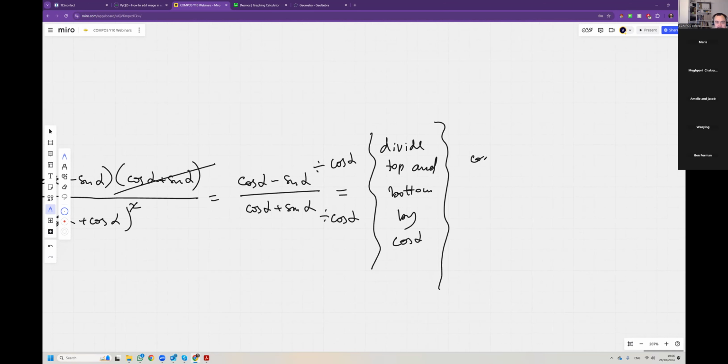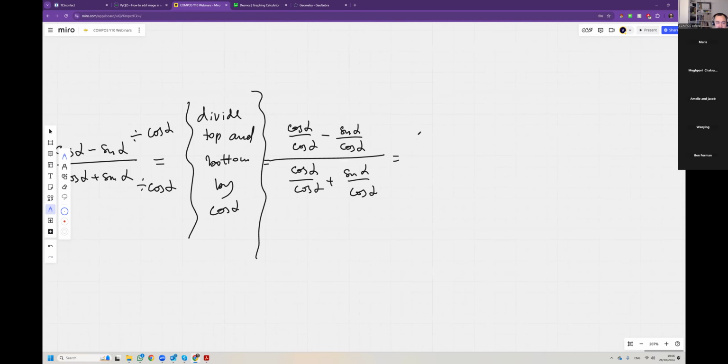And I get cos alpha over cos alpha minus sine alpha over cos alpha, over cos alpha over cos alpha plus sine alpha over cos alpha. So cos alpha over cos alpha, that's 1 minus tan alpha divided by 1 plus tan alpha. Full stop.